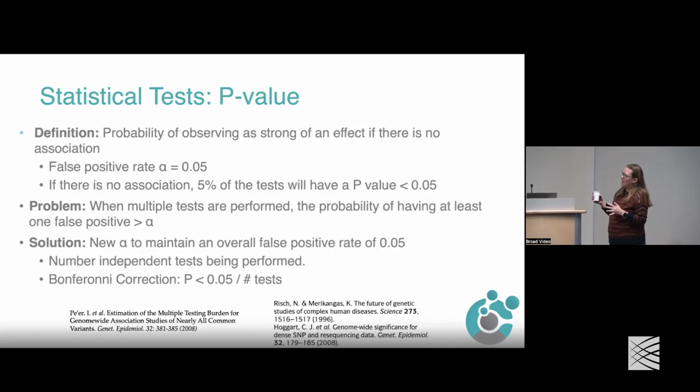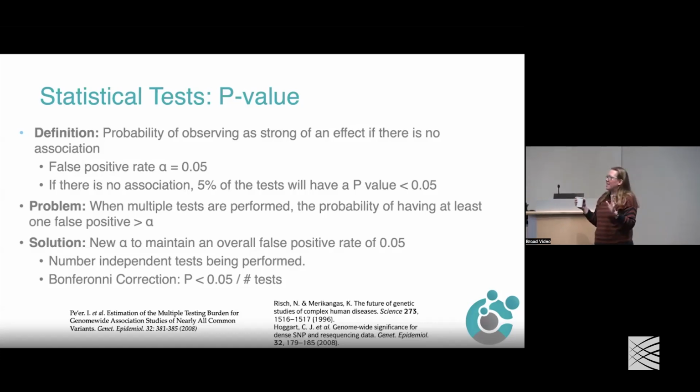But when we're setting up a statistical experiment, we set, prior to doing our experiment, a false positive rate that we're going to use. And you'll sometimes hear people say a false positive rate or an alpha level of 0.05 is an acceptable false positive rate for a single experiment.